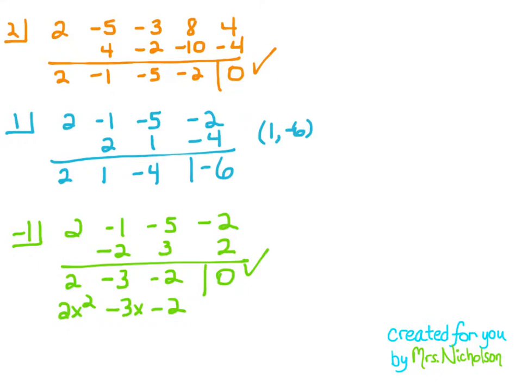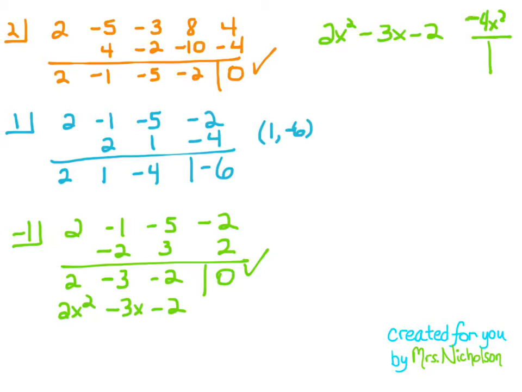So let me write that again over here. 2x squared minus 3x minus 2. So we need to factor this. First thing I'm going to do is multiply my first and last term. And if I do that, I get negative 4x squared. So I'm looking for factors of 4x squared that are going to add or subtract to give me negative 3x.